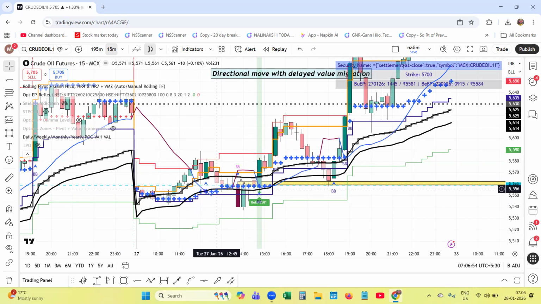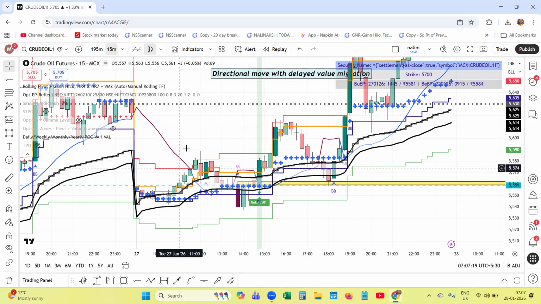You can see TPO building stage by stage, and this crude oil trades throughout the day. So it built stage by stage, market was moving higher. This is another one, making a higher low and higher high.